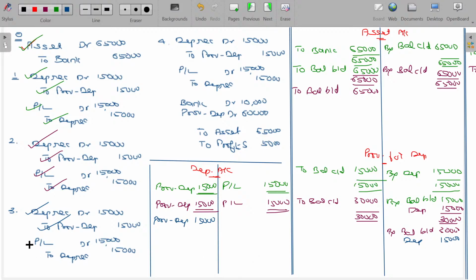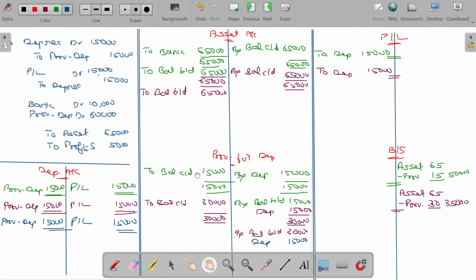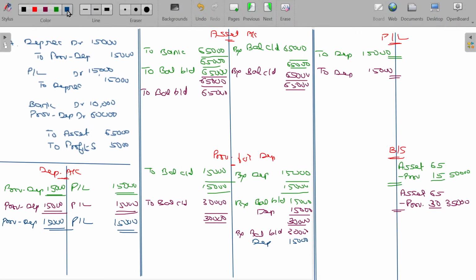And in P&L account, depreciation should be debited, and in depreciation, P&L account should be shown in the credit side. So this is clear. Over. In P&L account, I have to show to depreciation 15,000 rupees. So to depreciation for the third year, 15,000.